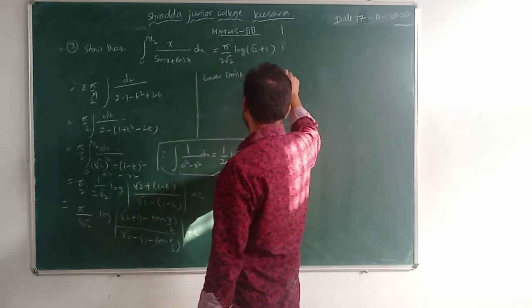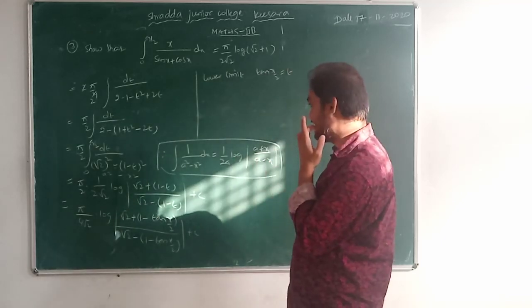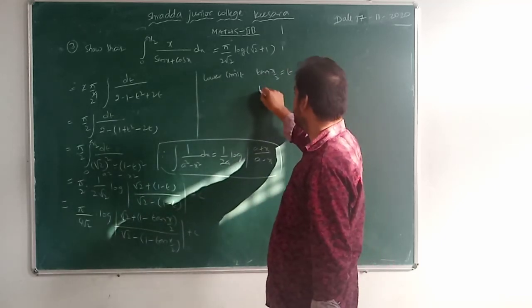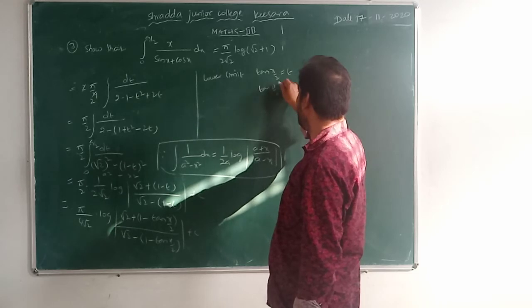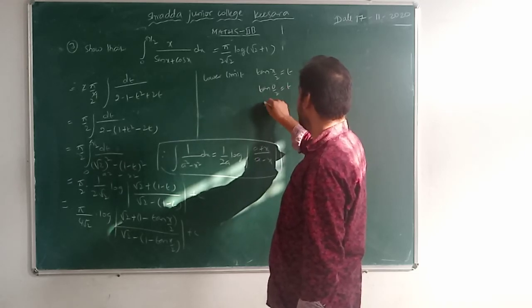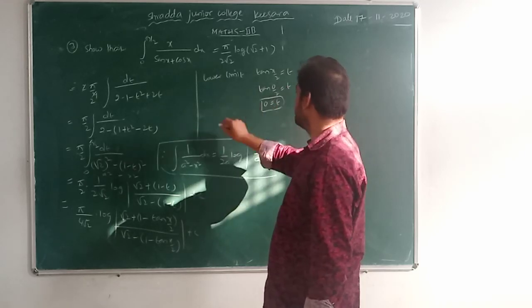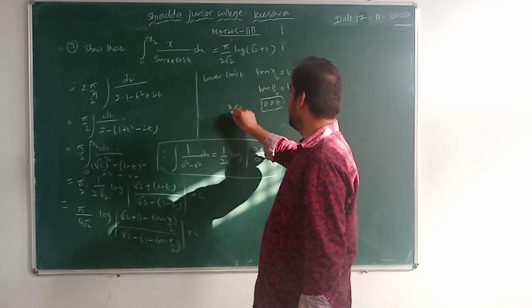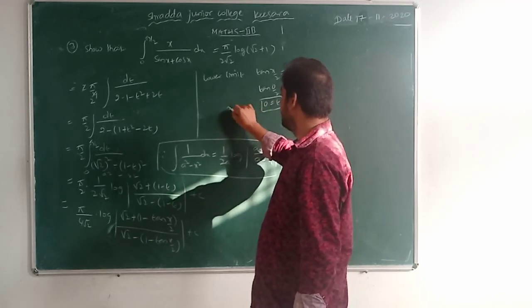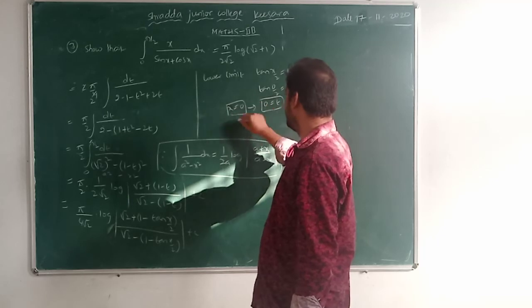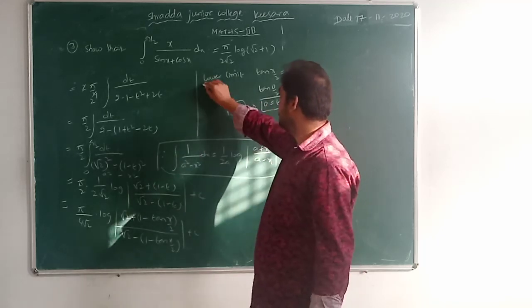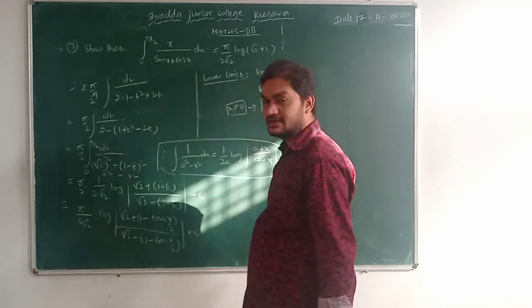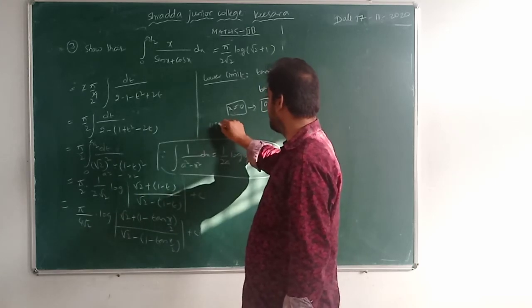We take tan x by 2 equals t, then x equals 0, then tan 0 equals 0. So x equals 0, then t equals 0. This is the lower limit.